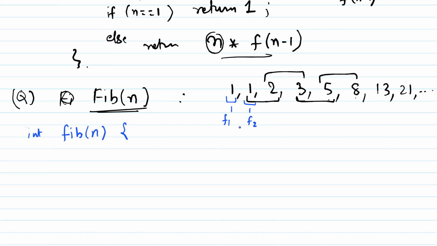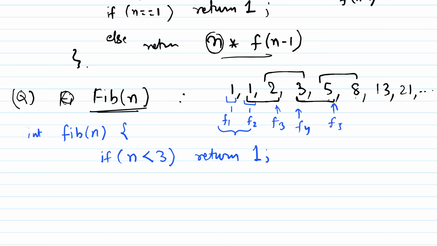And from third onwards you will have two Fibonacci numbers available to you. So if n is less than 3, return 1. This is the base case, we have written it. Else what we will do? So this is first Fibonacci number, this is f3, this is f4, this is f5.